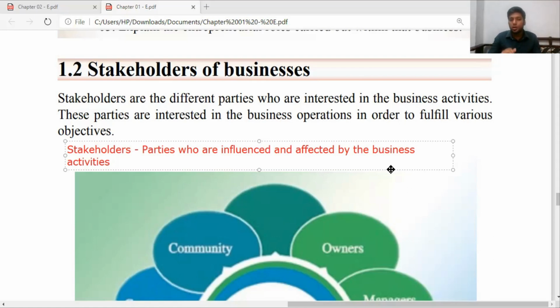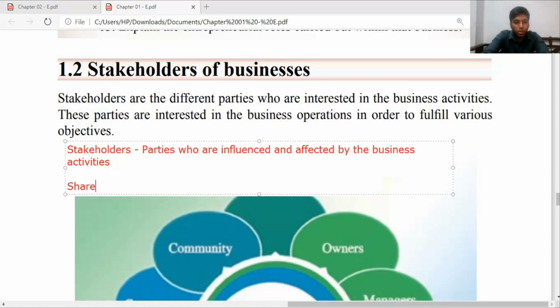So you need to know this term. Let me write it again. Who are shareholders? Parties who have invested money in the business, expecting a return of income.